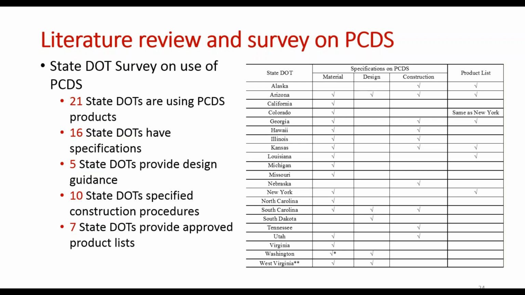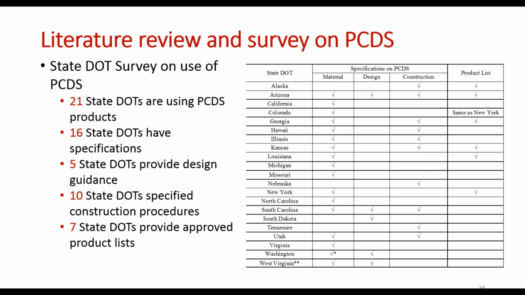We summarized all the specifications from other DOTs together, and I will not show that table for now. It's a long and very comprehensive table. That table gave us some guidance and starting points to refer to when we design our own specification.